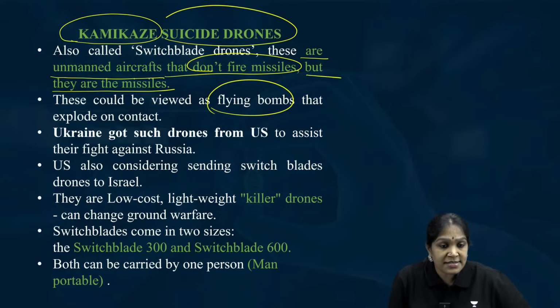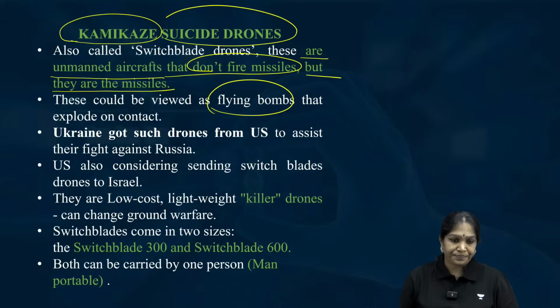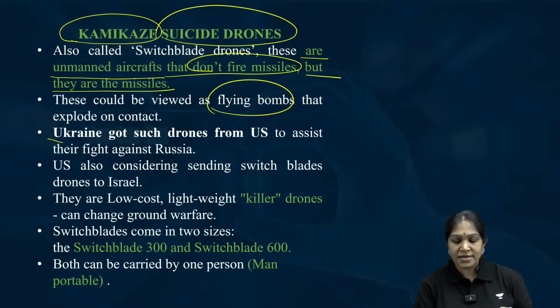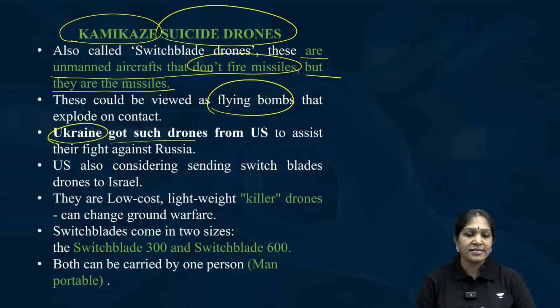Why are we discussing it? What is the context in the news? During the Russia-Ukraine war, when the US wanted to help Ukraine in its fight with Russia, the US sent some kamikaze drones to Ukraine.